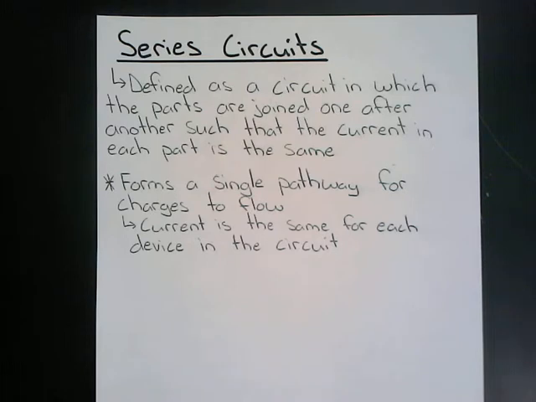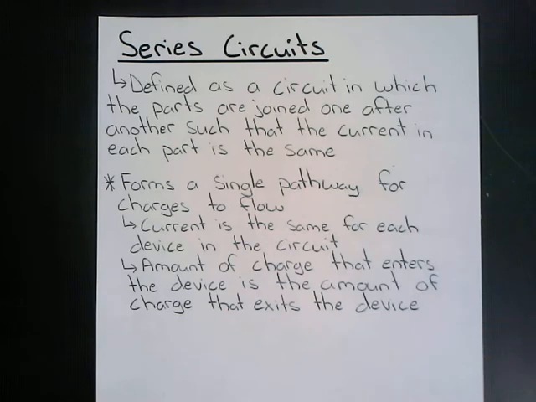Now, the amount of charge that enters the device is the amount of charge that exits the device. Now, with all of this in mind, the resistance of each object is going to be different.